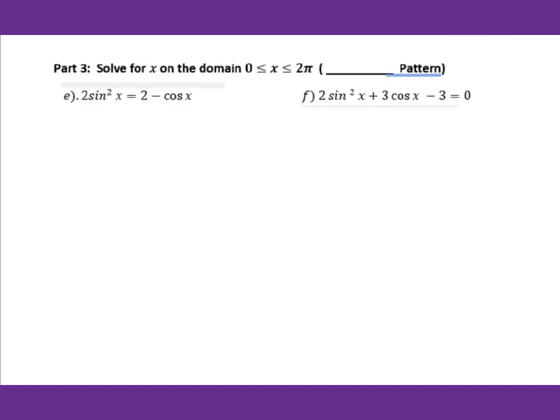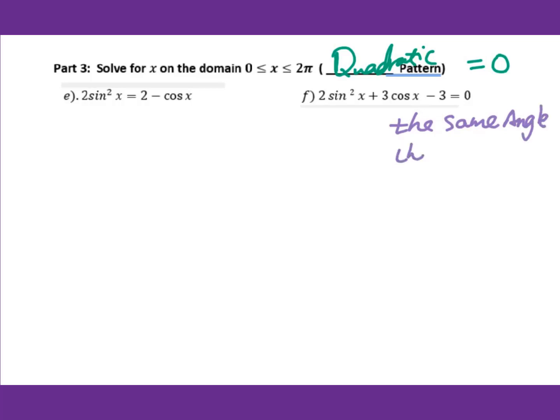Let's go to E and F. It's still a quadratic pattern. We need equal to 0. When you solve any trig equation, make sure you have the same angle, and also the same trig function.